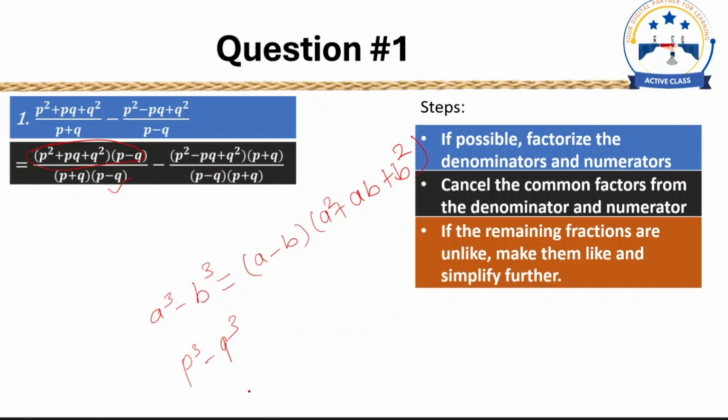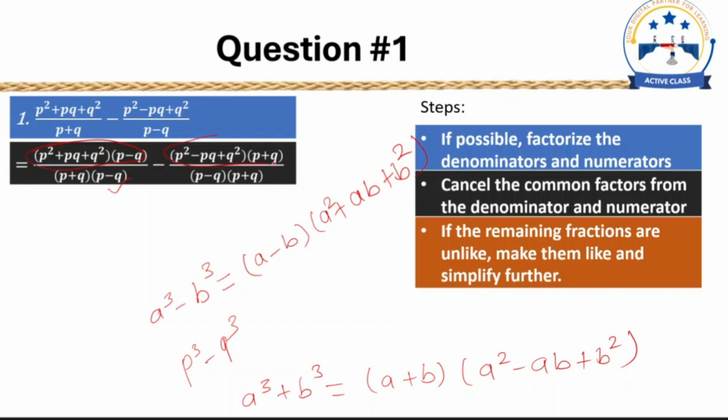Likewise, can you tell me the formula of a cube plus b cube? It is a plus b times a square minus ab plus b square. Only the difference is the plus and minus.